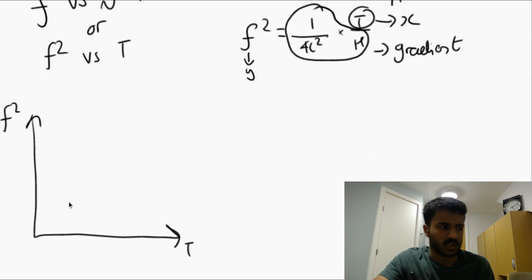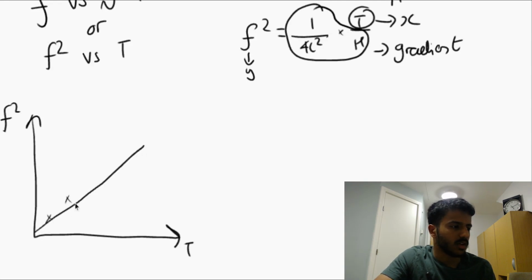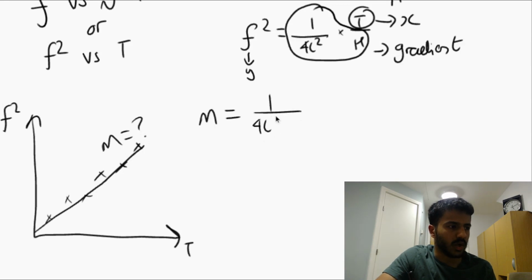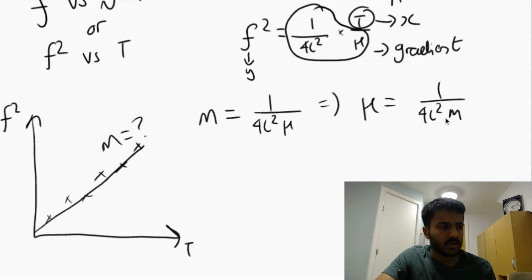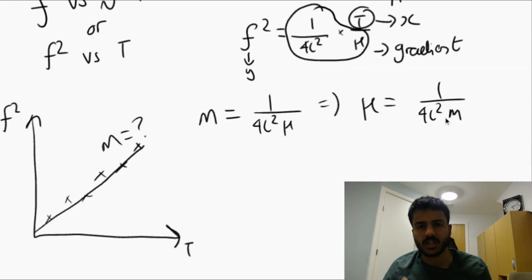So we can now plot this graph. We have tension on the x-axis and frequency squared on the y-axis, and we can get a straight line and points maybe like that, and we can work out this gradient, and this gradient will be equal to 1 over 4L squared mu. So you can say that mu is equal to 1 over 4L squared m, where m is your gradient.